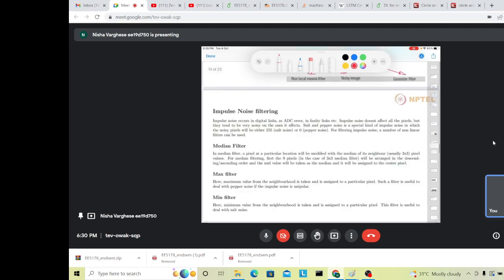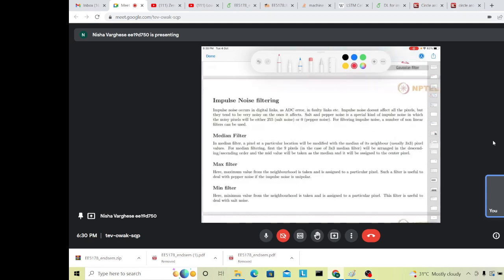Then we have impulse noise filtering. A normal type of noise will be there all over the image, right? But impulse noise is like salt and pepper noise. It will occur at specific points. So how can we remove those impulse noises?